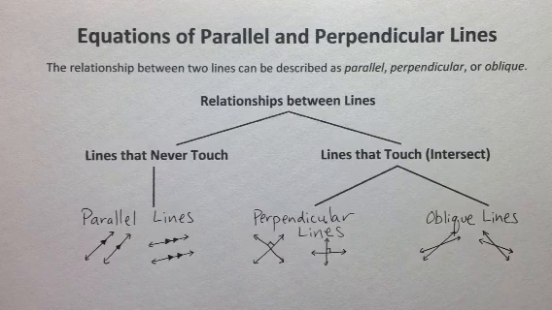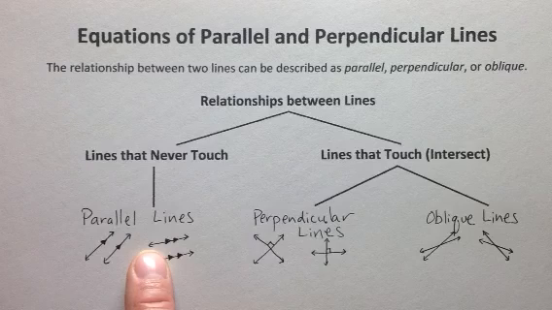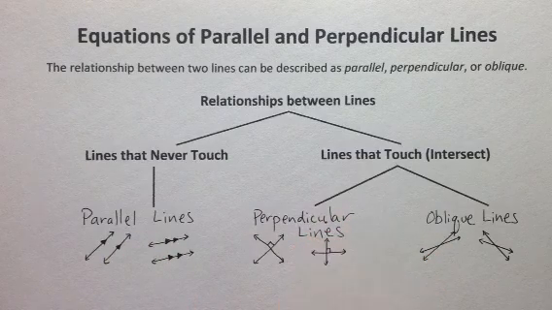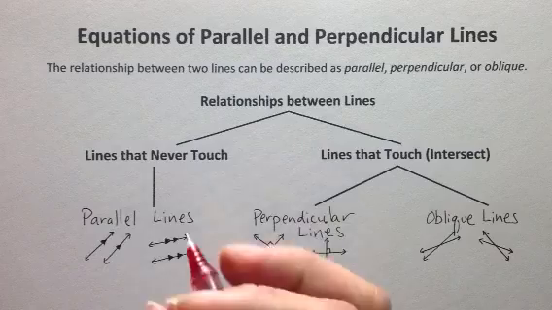Okay, so let's talk a little bit more about these relationships and how we can see them. The easiest way to see it is actually by their slope, and if we're justifying it, we definitely want to use their slopes. We can look at two lines and say, yeah, they look parallel, or yeah, they look perpendicular, but we want to justify it using their slopes. So here's what we know about parallel lines.